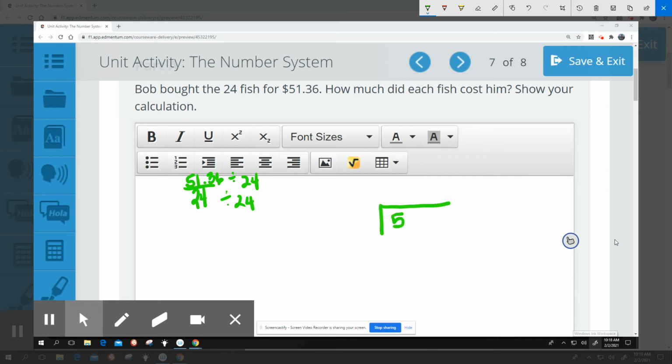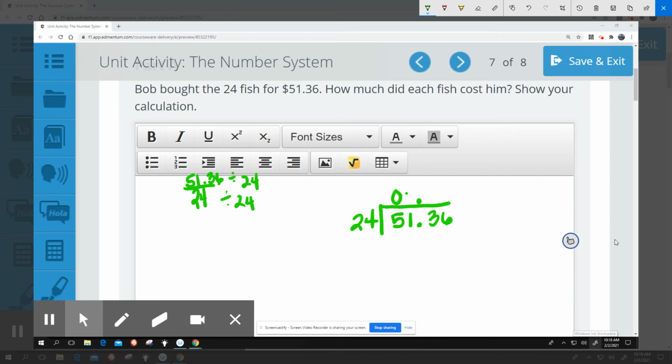So we have 51.36 divided by 24. Okay, when we have a decimal division problem that doesn't have anything outside the divisor, we're just going to put the dot right up into the quotient, okay? Okay, Dania's going to talk me through this division. Go ahead, Dania. So 24 go into 51.